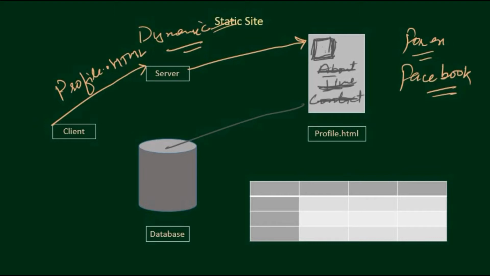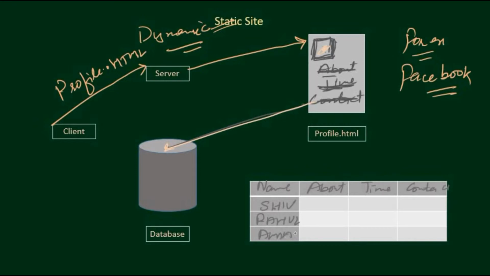So it goes through the database. The database is basically a string of characters: name, about, timeline and context, for Shiv, Rahul and Amar.